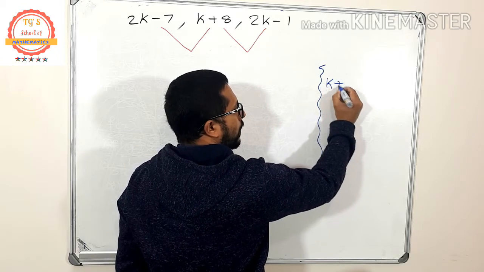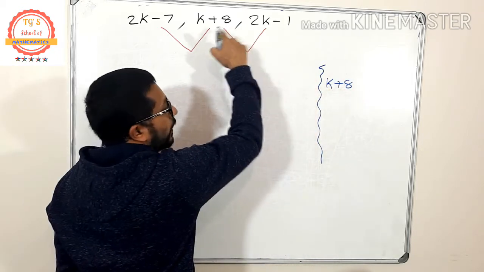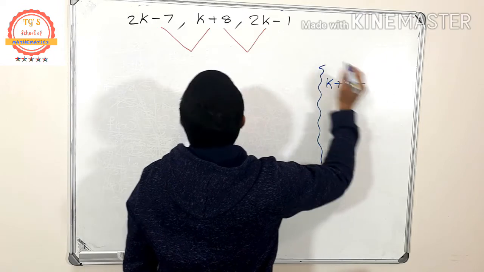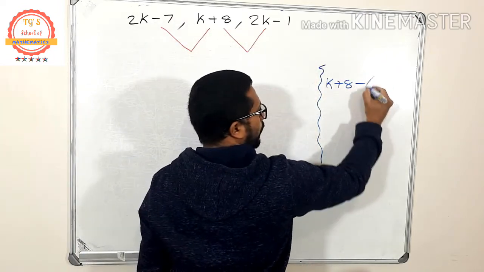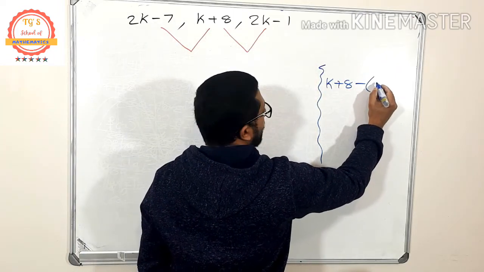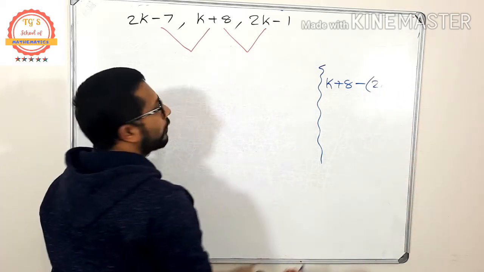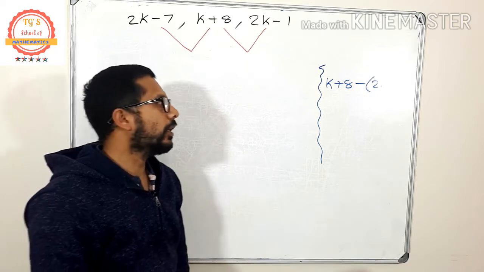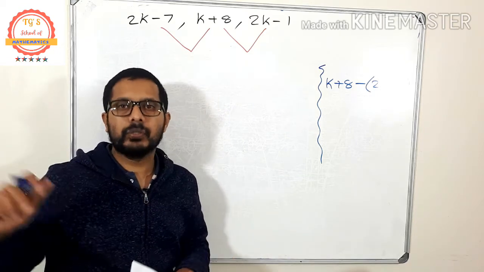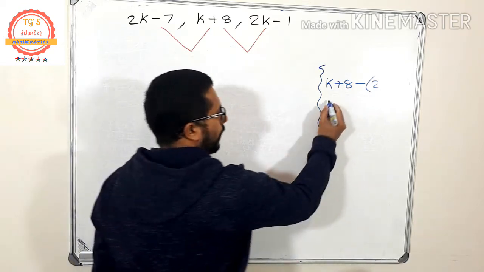Second term, what is the second term? K plus 8 minus first term. Don't forget to open a bracket, 2k minus 7. So k plus 8 minus in bracket 2k minus 7. What is that one?